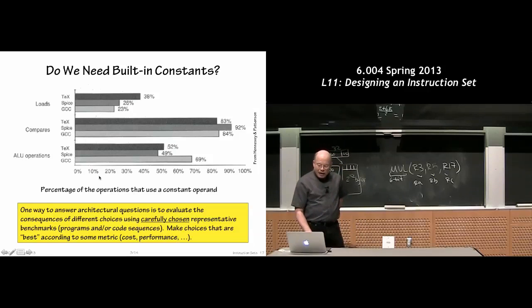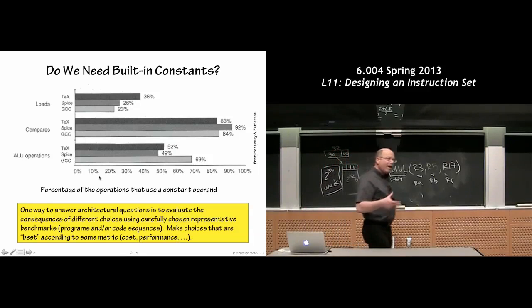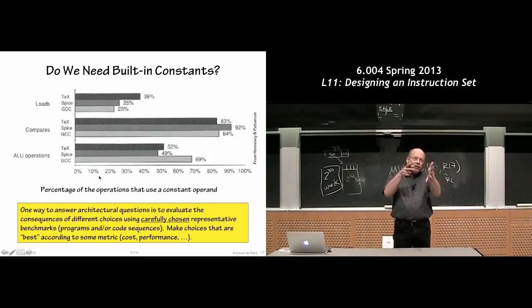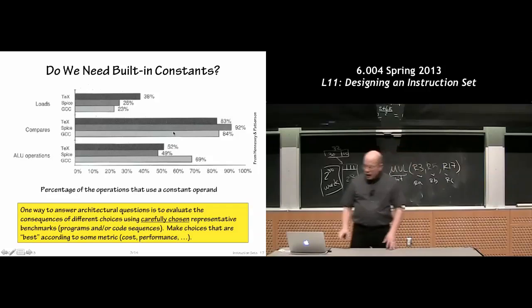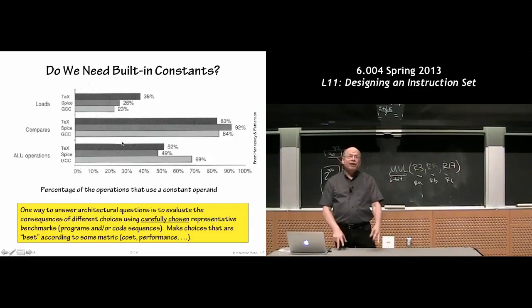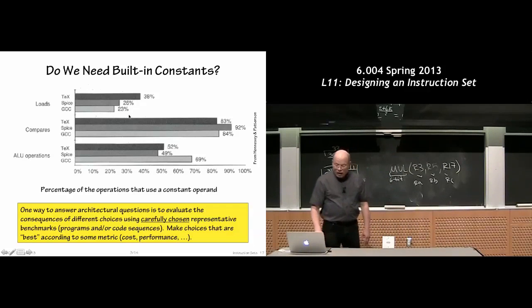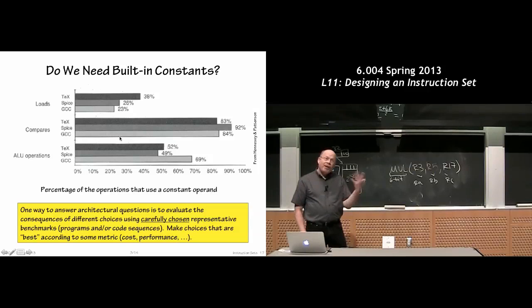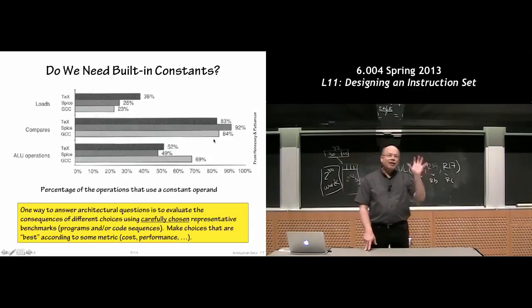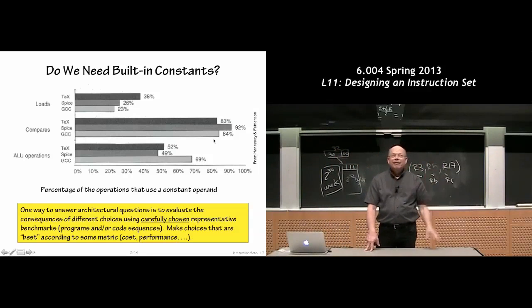And what they did is they built a compiler that knew about these instructions with constants, and then they went off and said, well, how often do I use this feature? Is this a feature I use all the time? And the answer is, it turns out almost all the comparisons in most C programs are comparisons to small constants. You can see 80% of the comparisons are actually against some small number, 3, 17, something that fits into a small integer value.